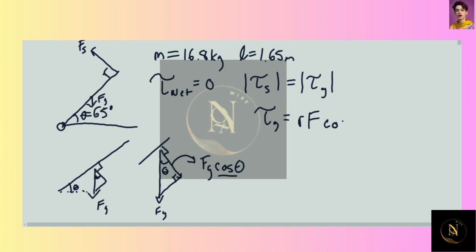So cosine theta, and our F will be Fg. Now we just need to figure out what R is. We know the length of the trapdoor is 1.65 meters. However, we also know that Fg will pull down on the trapdoor in the middle of it, so that'll be halfway, half of its total length. So R is then equal to 1/2 times 1.65.